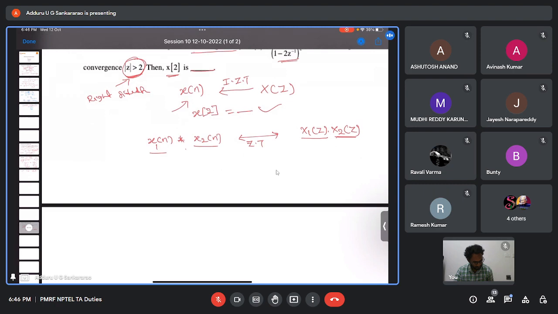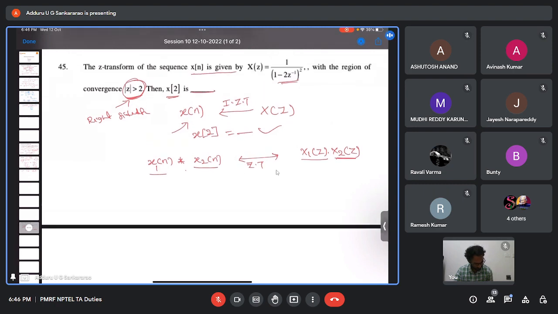So our signal X of z is given, and I can write it as 1 minus 2 z inverse into 1 minus 2 z inverse, a product of two terms.